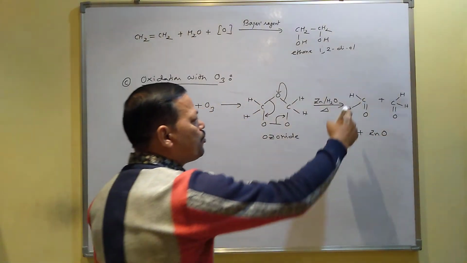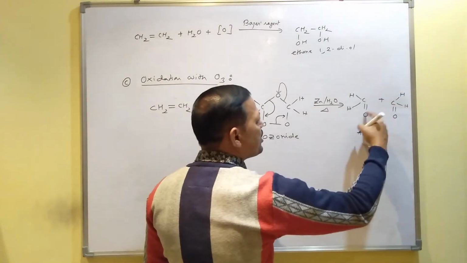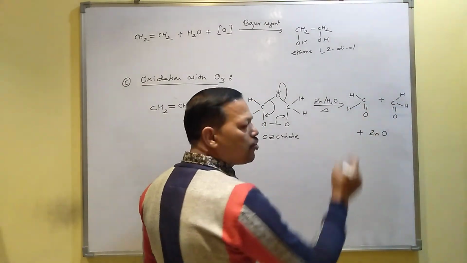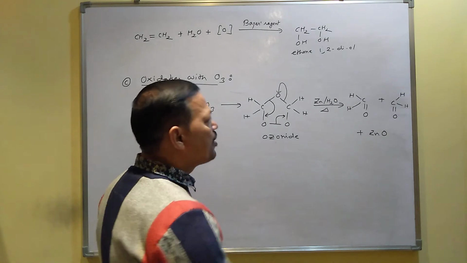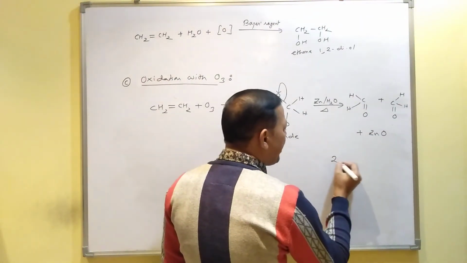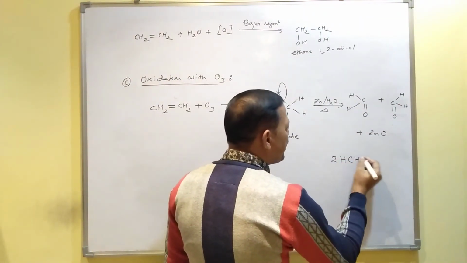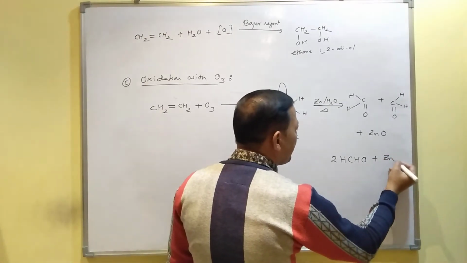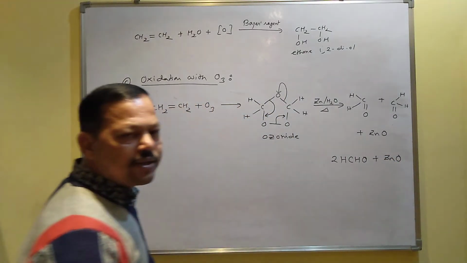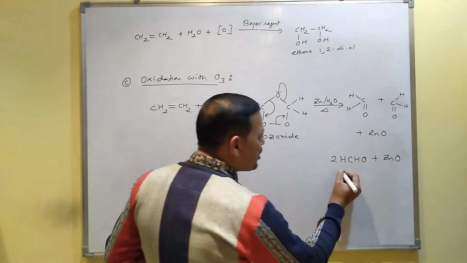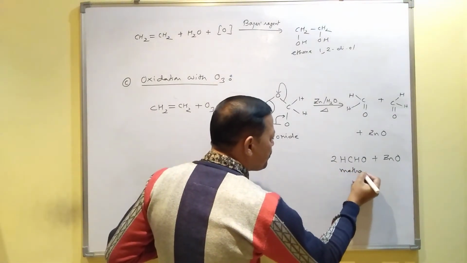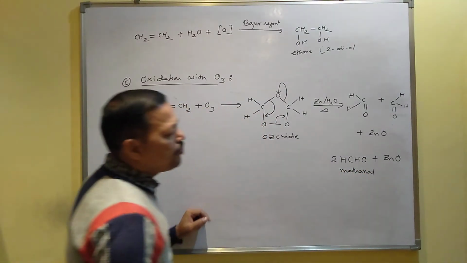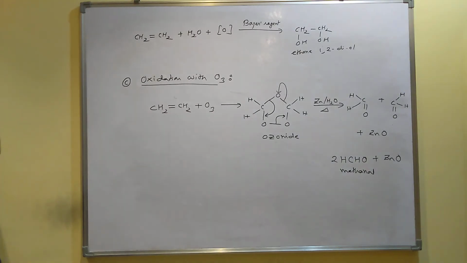Since both the products are the same, and the CHO functional group is present, these are aldehydes. You can write it this way also: 2 aldehydes will be produced, and the side product will be zinc oxide. This is called methanal, I mean, 2 molecules of methanal you will get as the product.